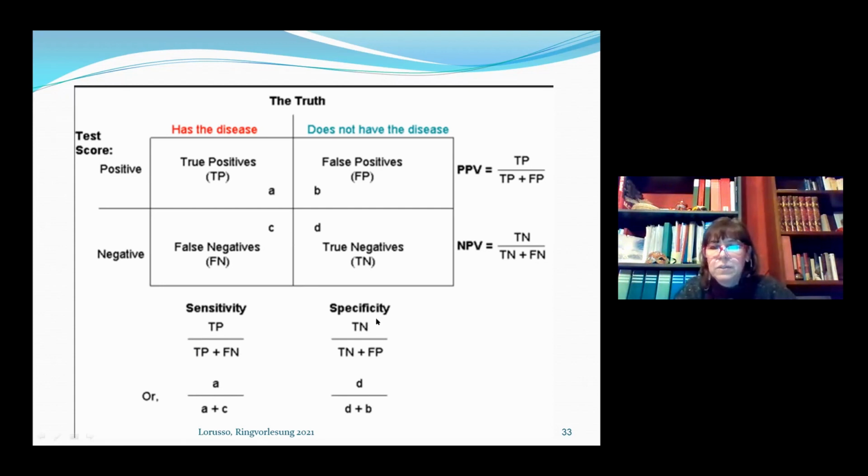Specificity is the ratio between true negatives, so the children who really don't have the problem, and the total number of children who are not screened by the test. So the sum of the true negatives and the false positives. So the ones who appear to have a problem, but do not really have it.